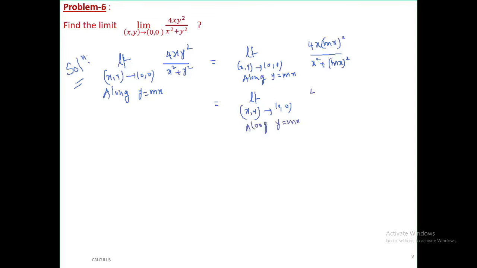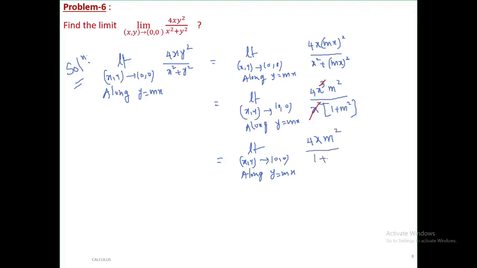The numerator will be 4x cube m square, and in the denominator x square is out, 1 plus m square. Now x square is out, so here x square and here 1 x will remain. So finally what will remain? Limit x comma y reaching the origin along the path y is equal to mx, here 4 into x into m square divided by 1 plus m square.